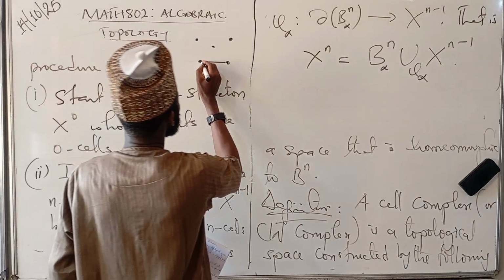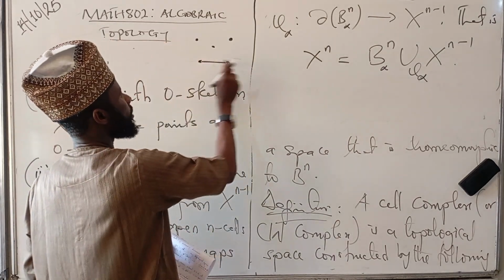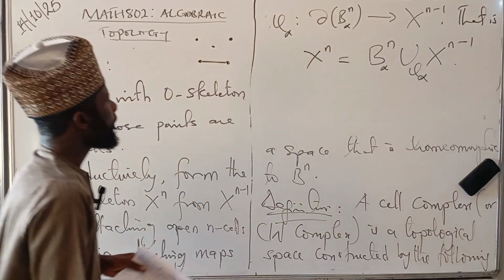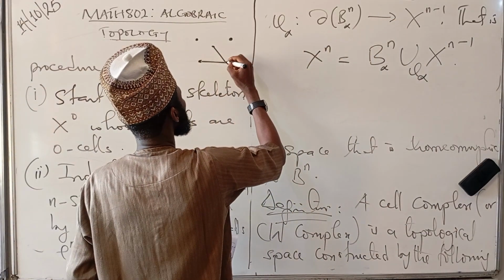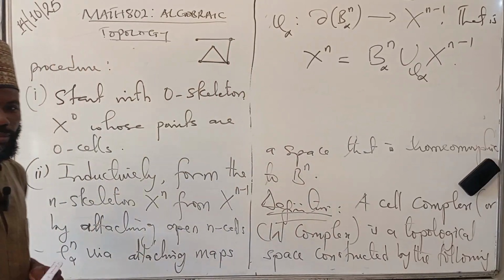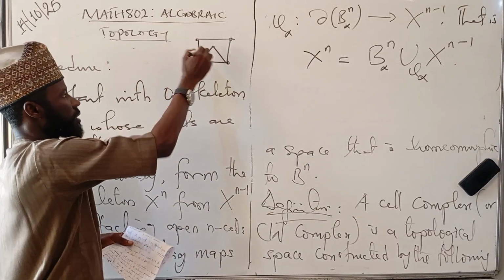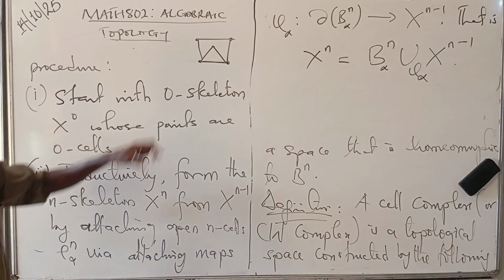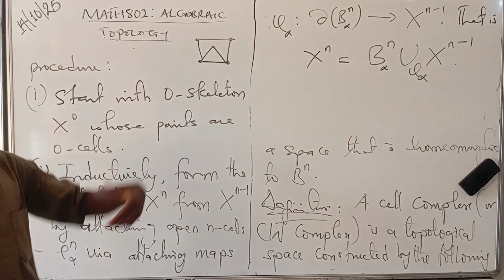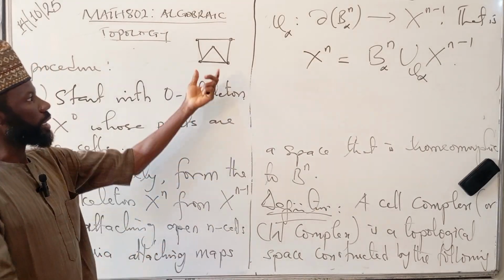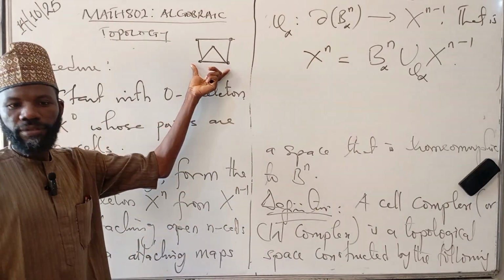Once you attach, this is the boundary of the open ball going into there. You can attach as many as you want, but once you do that, you obtain a 1 skeleton. And this 1 skeleton is just a graph.